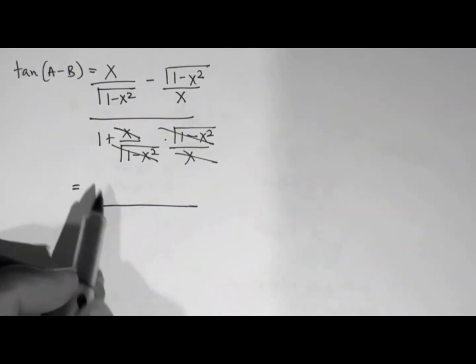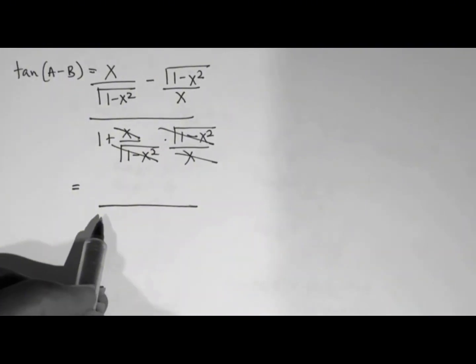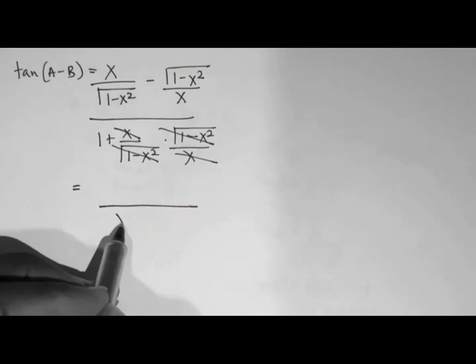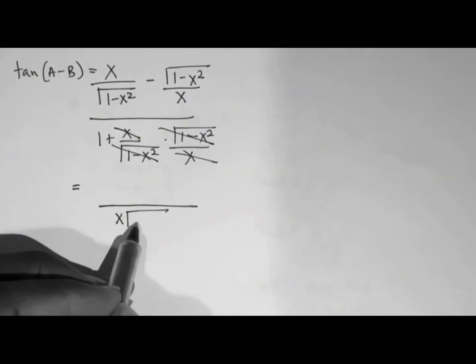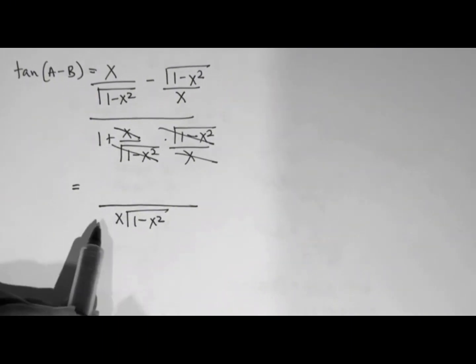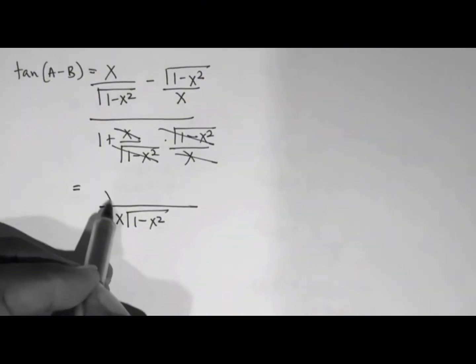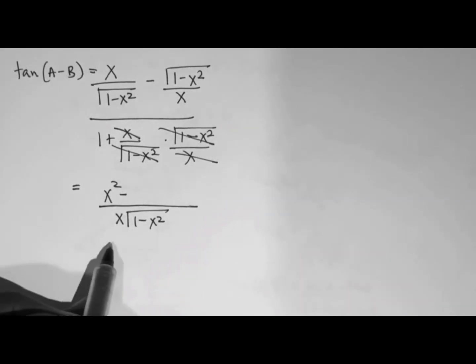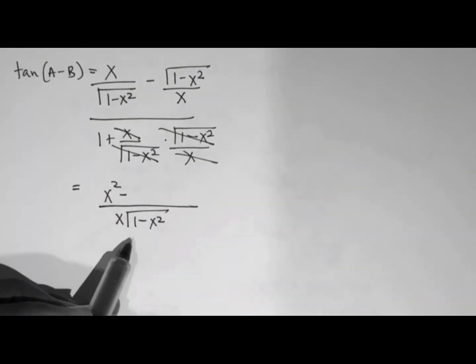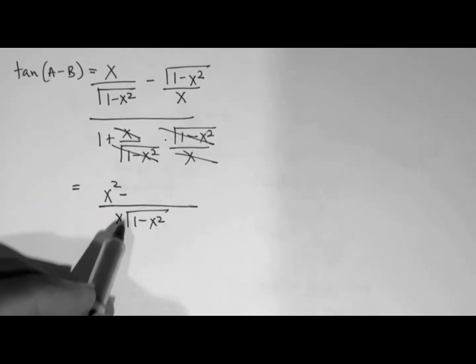The LCM between root 1 minus x squared and x is x times square root of 1 minus x squared. So this one will cancel out. We'll be left with x times x, which gives us x squared minus, then x and x will also cancel out. So we'll get into brackets.